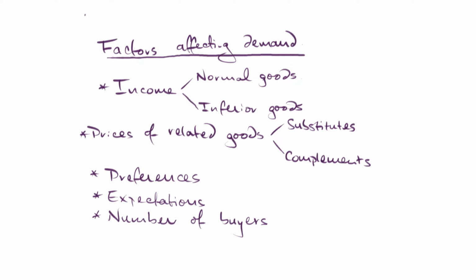We could probably come up with examples of clothing that are inferior goods. Probably t-shirts are an inferior good. That is, when we have more income, we prefer to purchase more nice clothes and fewer t-shirts. So again, for an inferior good, demand falls as income rises. Everything else is a normal good, and normal is the technical term in that case.